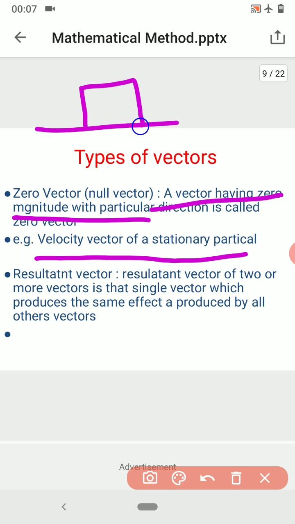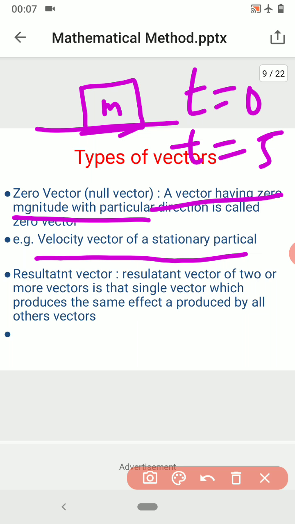Let us take the example of the velocity vector. A box of mass m is placed on the table. At time t equal to 0, this is the position of the particle. And after time t equal to 5 seconds, the particle remains here as it is.